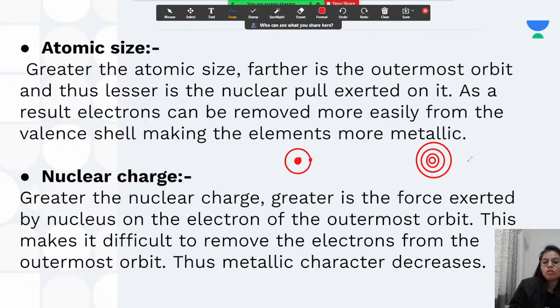But in the second one, as the number of shells increases, the nuclear pull is less. If the nuclear pull is less, the electron can be removed more easily from the outermost shell. And the more easily any atom loses electrons, the more metallic character it possesses.